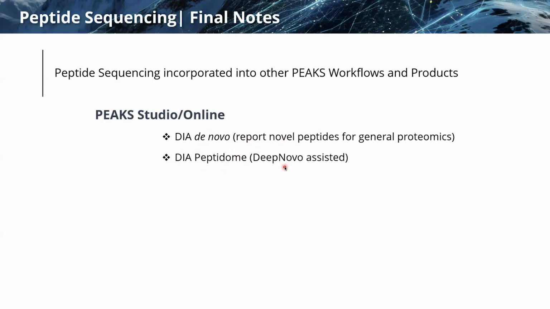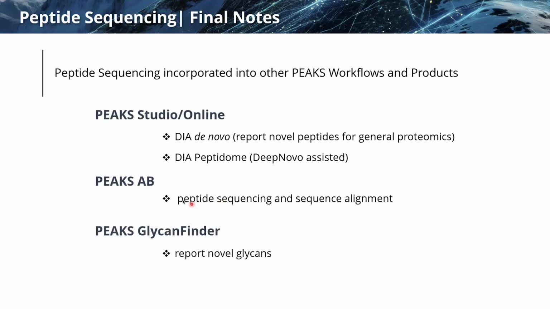DIA is also implemented for peptidome searches, again DeepNovo assisted. And in addition to our Studio or Peaks Online, of course, for PeaksAB, our antibody sequencing software, DeNovo is absolute key to sequence multi-digest samples to align those sequences and derive finally the protein or antibody sequence.